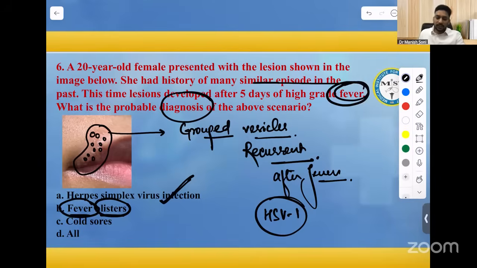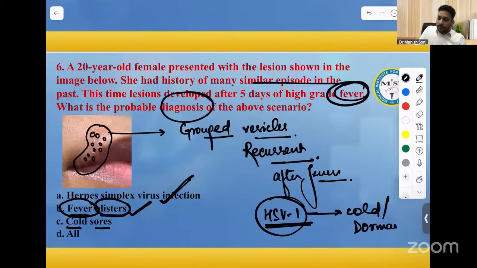And we also call them cold sores because these are sores which develop due to the virus which is lying cold in the nerves, means lying dormant. So because this virus is lying dormant or cold and later on it has produced these sores, that's why it is cold sores. So looking at the image, it looks like herpes labialis, but because it is occurring after fever, we also call them fever blisters. And because the virus was lying cold in the nerves and later on it has produced these blisters, we also call them cold sores, which keep on occurring again and again after fever.